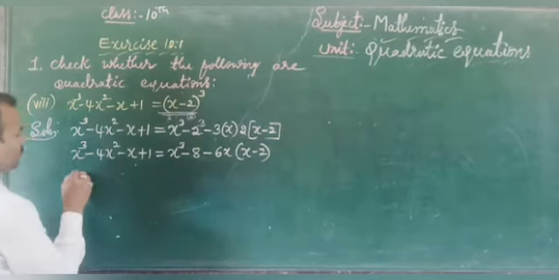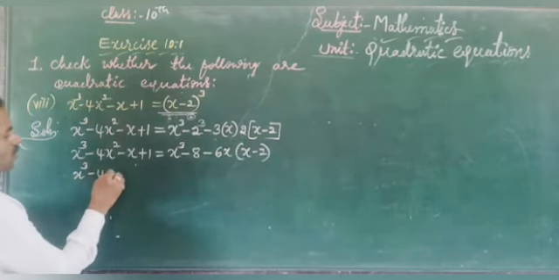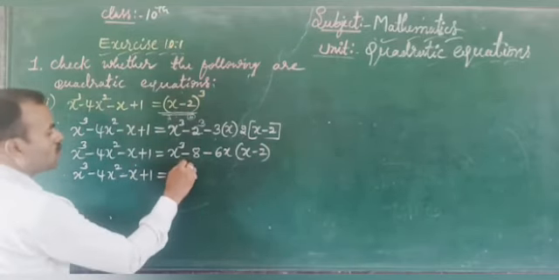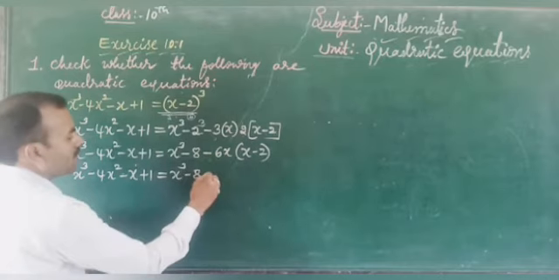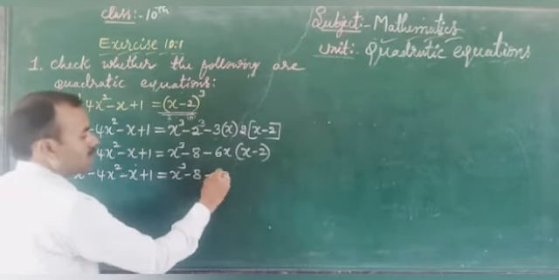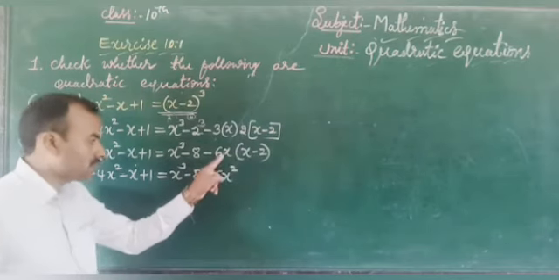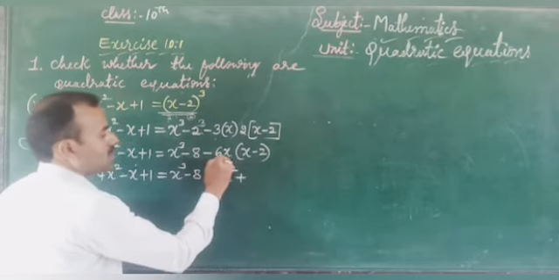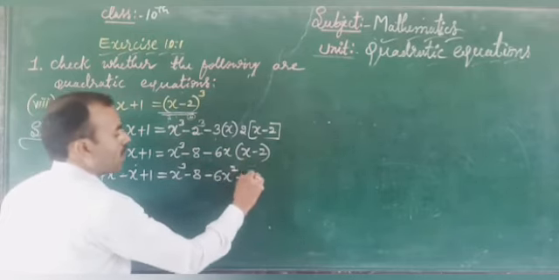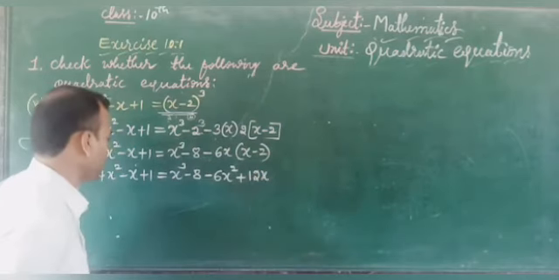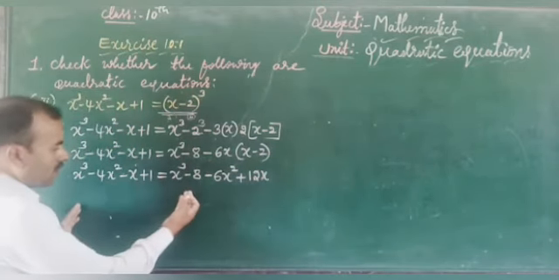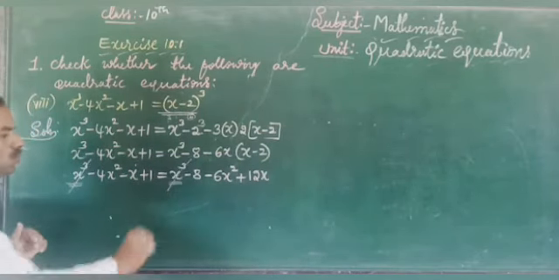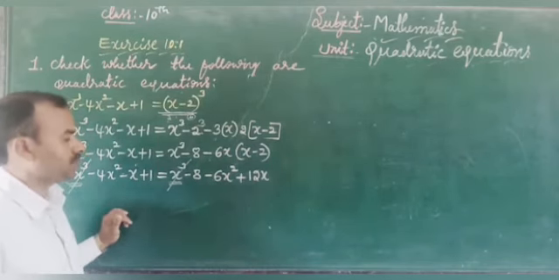Next x cube minus 4x square minus x plus 1 equals x cube minus 8, minus into minus, plus 6x into x, 6x square, minus into minus plus 6x into 2, 6 2s are 12 into x. In the LHS and in the RHS same quantities get cancelled. So x cube and x cube get cancelled.